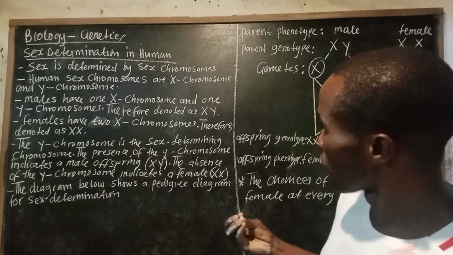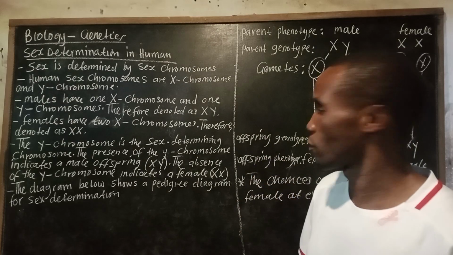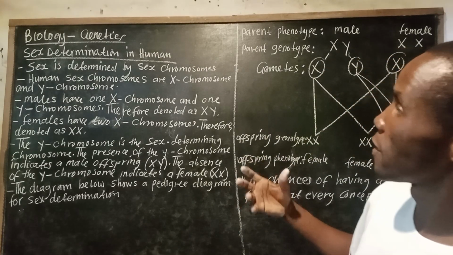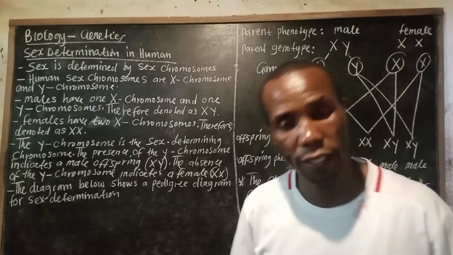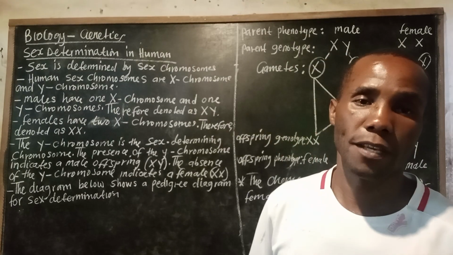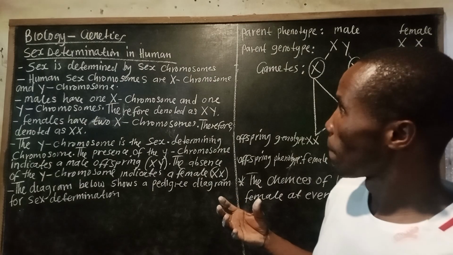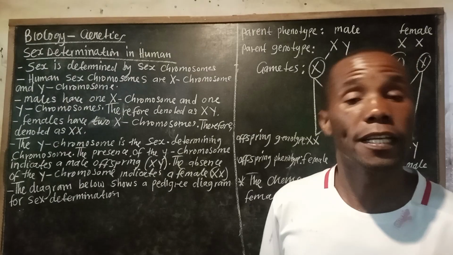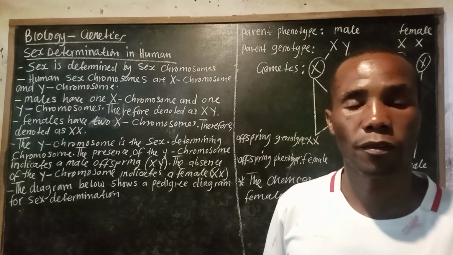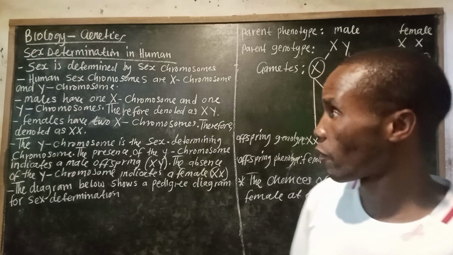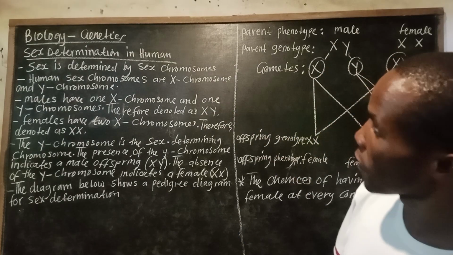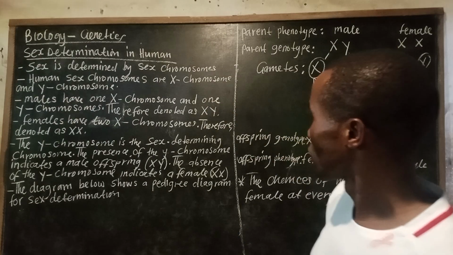The Y chromosome is the sex determining chromosome. So we are looking at sex determination in humans. What determines the type of child to be born, whether a boy or a girl? What determines it is the Y chromosome.